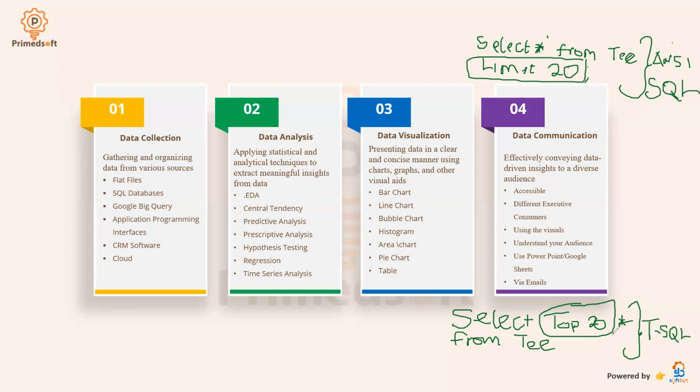To get the information you want from this will work for MySQL, but to get the information you want from SQL Server, which is owned by Microsoft, remember the one where we say you install SSMS and SQL Server? That's where this one comes to play. You need to enforce top 20 instead of limit. So that is the difference between the two of them.